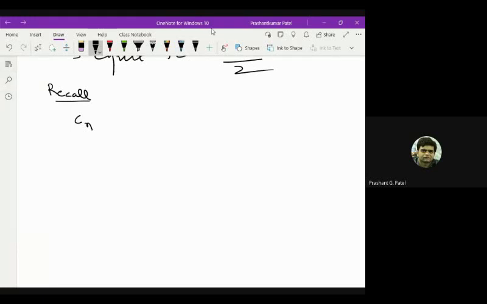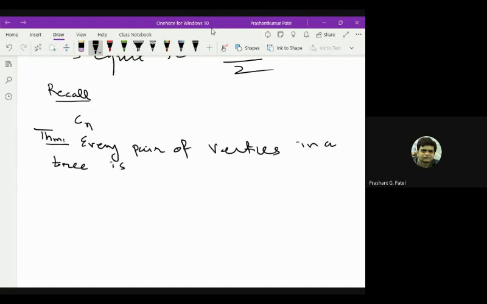So the first one I'm discussing as a theorem is that every pair of vertices in a tree is connected by one and only one path.